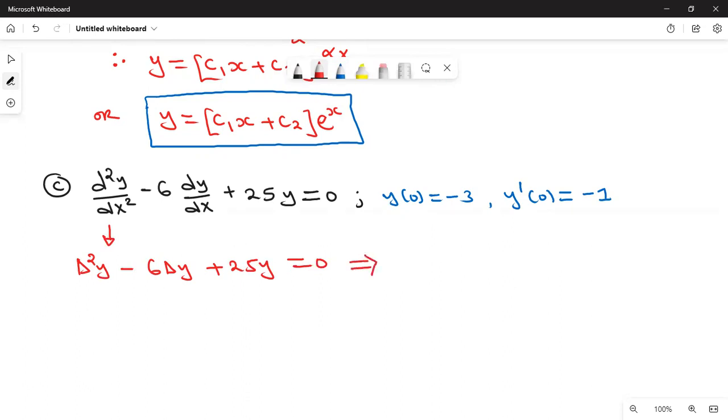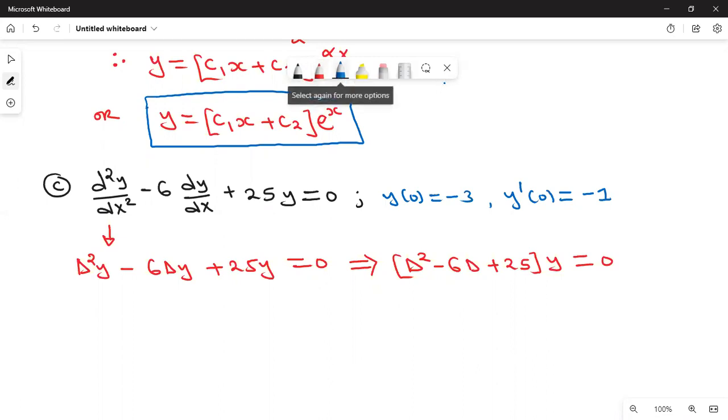So let's factor out y so that we have d squared minus 6d plus 25, and then the y is common. On the right-hand side, we have 0. Remember, the function must be written to the right of the operator, because an operator operates on a function. Don't write y on the left. Start with the operator, then followed by the function.